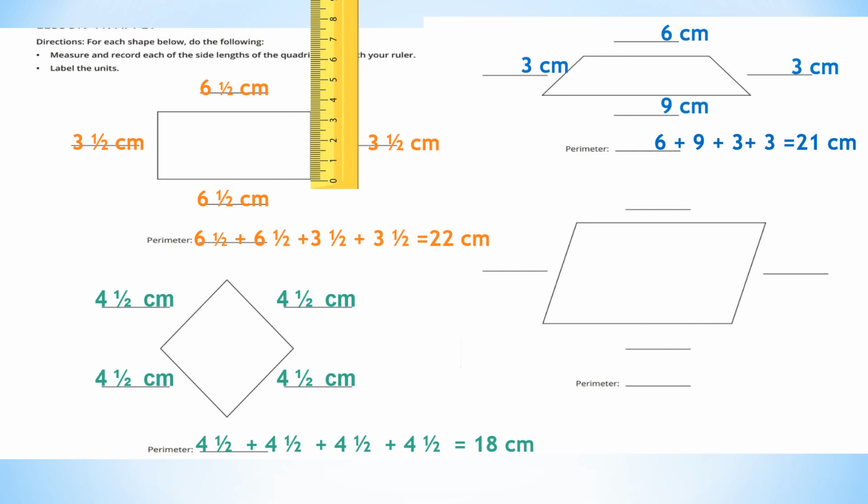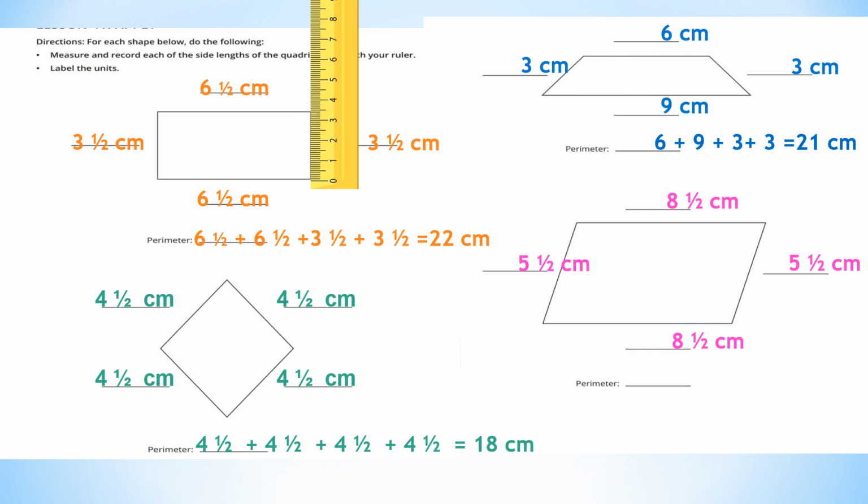The last shape is parallelogram. We know that in a parallelogram, each two opposite sides are parallel and equal. So if we know that this side is 8.5, it means the opposite side will be 8.5.